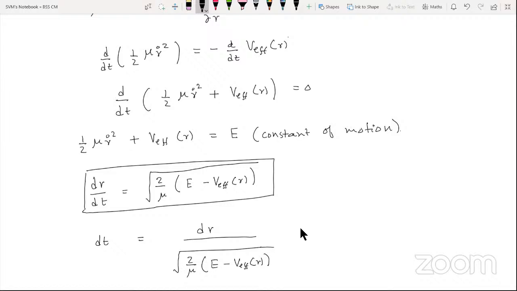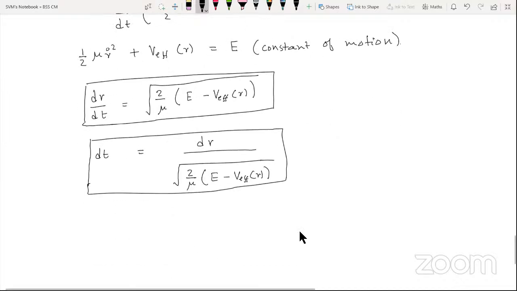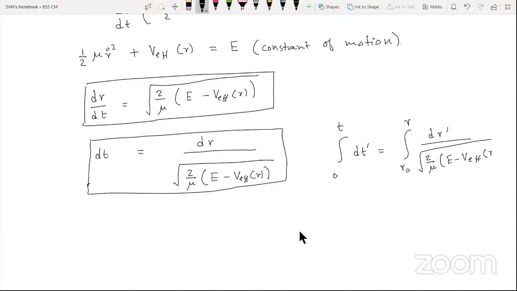Okay, so now this is what we call a solution obtained in the form of a quadrature. Now you have to integrate this, correct? So how do you do this integration? Suppose you are starting from time t equal to 0. So you say the integral from 0 to t of dt prime is equal to the integral from some initial condition r0 to some point r of dr prime divided by the square root of 2 by mu into E minus V effective of r prime.